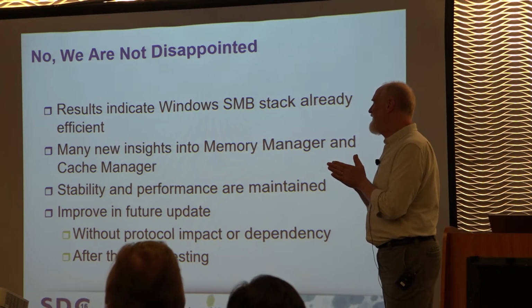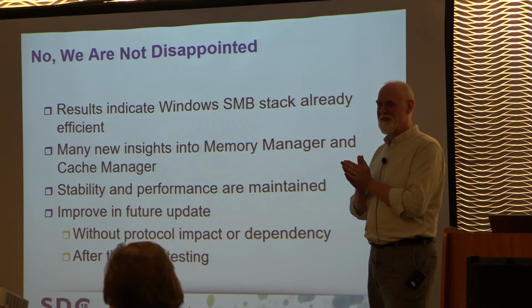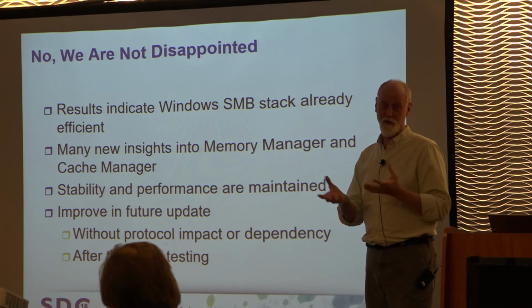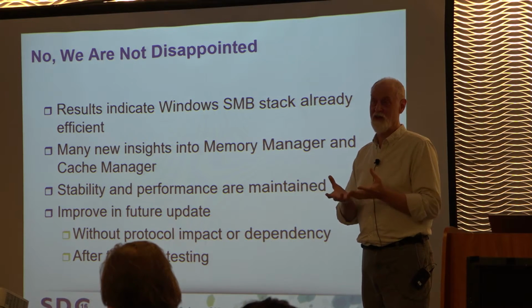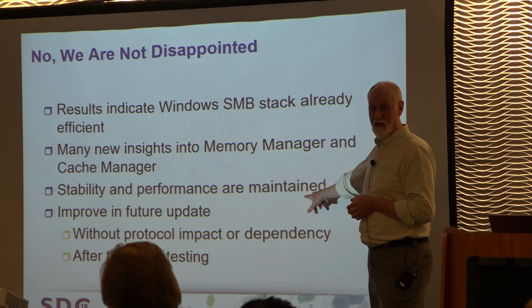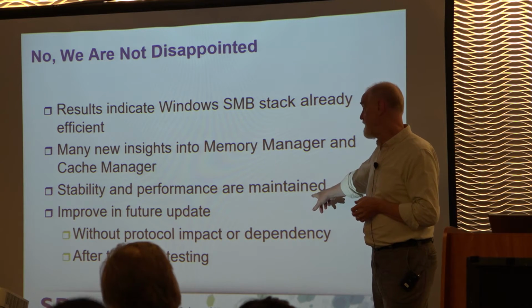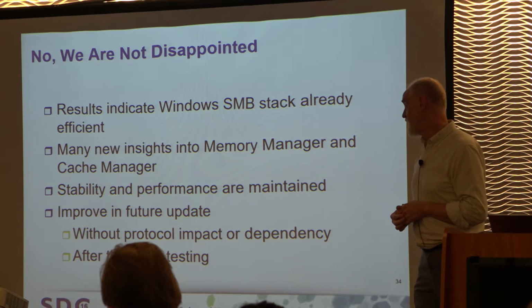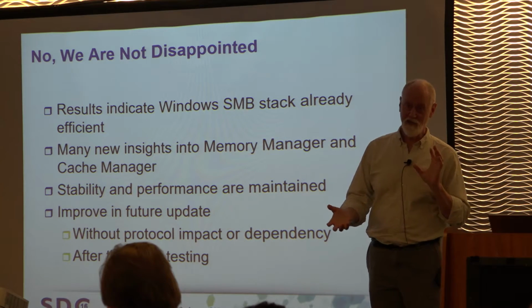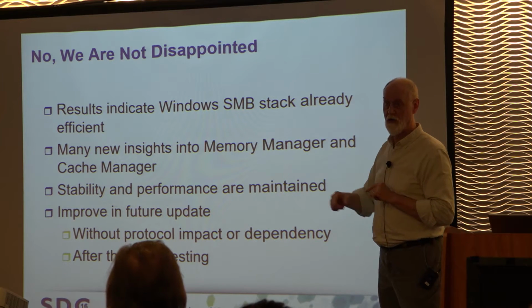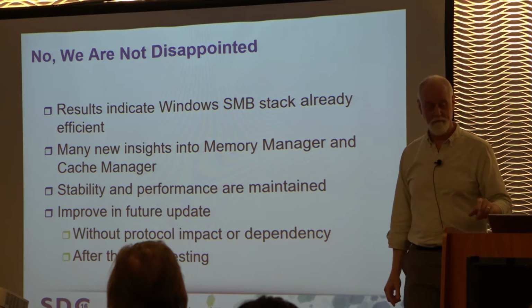And so they need some work, or some sort of persistent FS control that just makes one mapping and hangs on to it for a long period of time. By not changing anything, stability and performance are maintained, right? But we can improve this in a future update. And so I'm gonna beg you to watch this space. There's a lot of horsepower under the hood here that we haven't lit up yet.